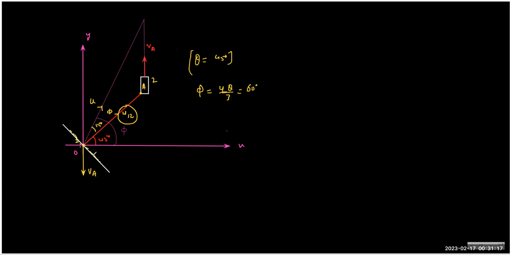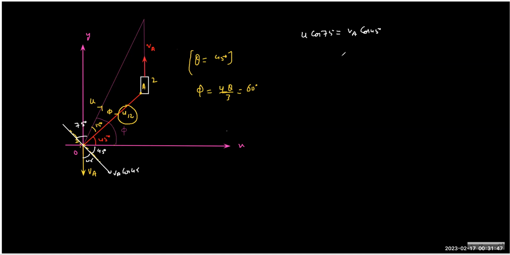So your job is done. So VA cos 45 must be equal to how much? This is 90, this is 75. So can we say U cos 75 is the same as VA cos 45?